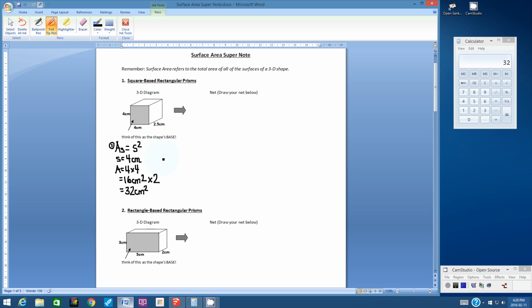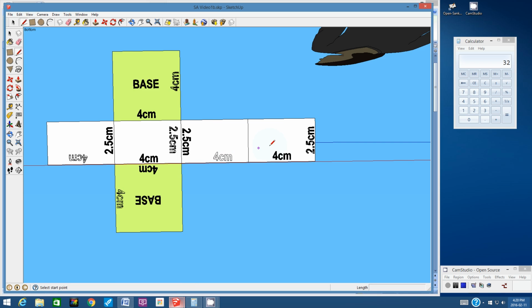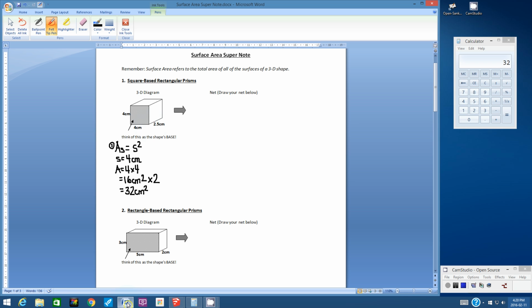Okay, so what do we have that isn't a square? Well, we've already said we've got 4 congruent rectangles. They all have the dimensions 4 by 2.5. So let's go on to part 2 of our calculation. Area of a rectangle equals length times width. It's very important that you use the proper formula when you're calculating area.